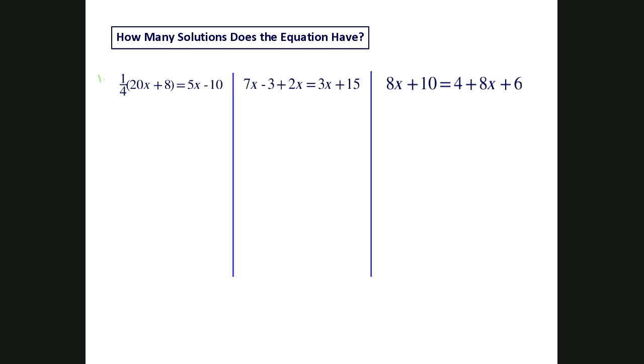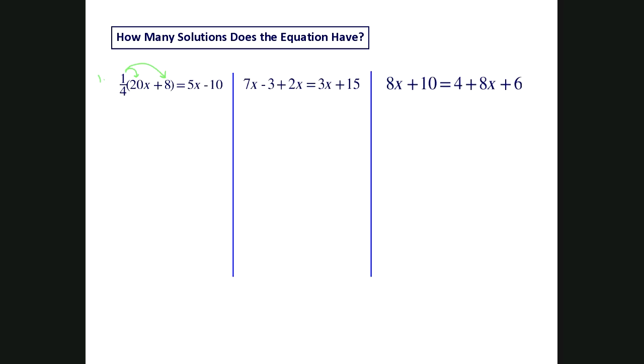Okay, so when I see this equation, I have 1/4 times the quantity 20x plus 8 equals 5x minus 10. Now, I want to simplify this before I start solving. So the first one I'm going to simplify is get rid of the parentheses. So everything inside of the parentheses gets multiplied by this 1/4. The good thing about this is when I multiply by a fourth, it's the same thing as dividing by 4.